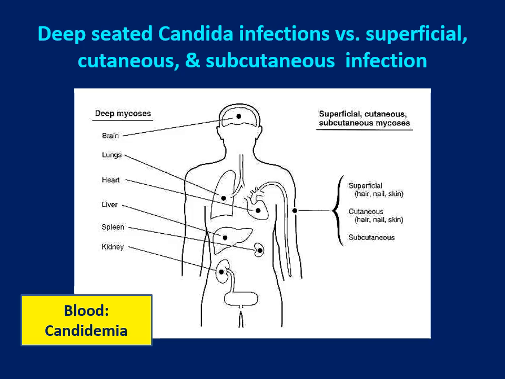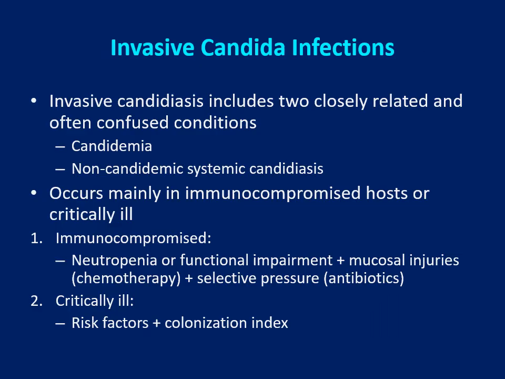We can have abscesses in the spleen, the liver, and the lung, although we don't have pneumonia, but we can have an abscess. We can have endocarditis, and even a brain abscess. So any part of the body could be affected by deep-seated candida infection, while superficial infections, be it in the hair, nail, or skin, we have described before, or cutaneous or even subcutaneous infection.